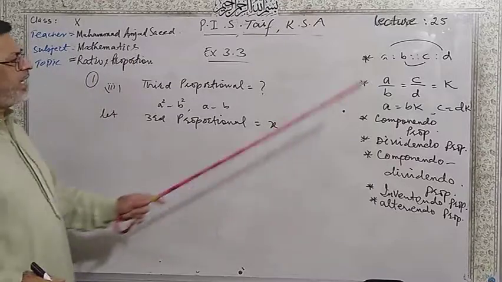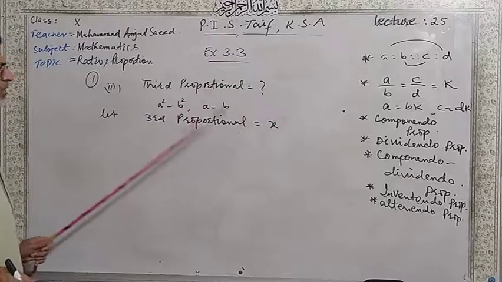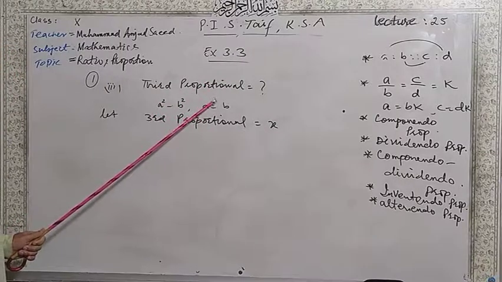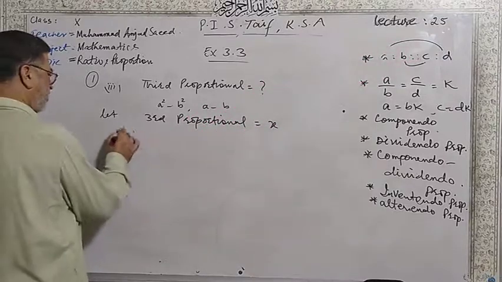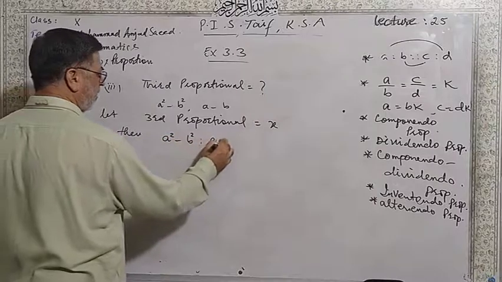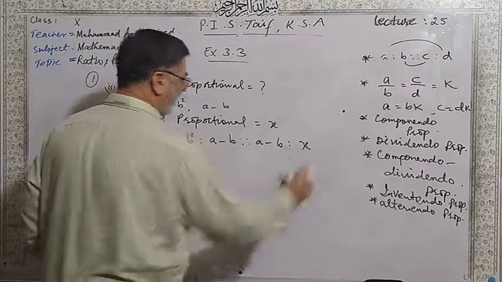You know that we have 4 members. If in case of third proportional you are given 2 values, your second value will be repeated for the third one. So you will write down a square minus b square ratio a minus b proportion a minus b ratio x.